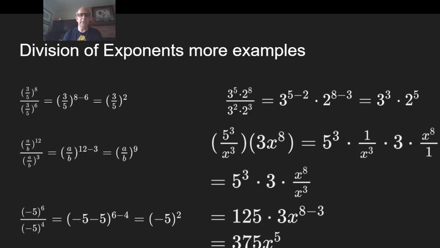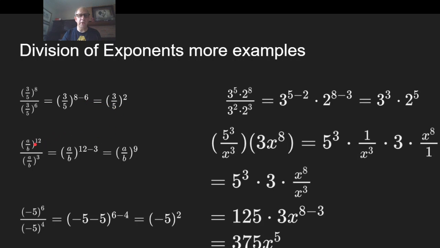And so basically that's it with the division part. It's just the opposite of multiplication. And we know for multiplication, if the base is the same, then we can add or subtract the exponent. So 3/5 to the 8th power divided by 3/5 to the 6th power would just be 3/5 to the 8 minus 6, which is 3/5 squared.